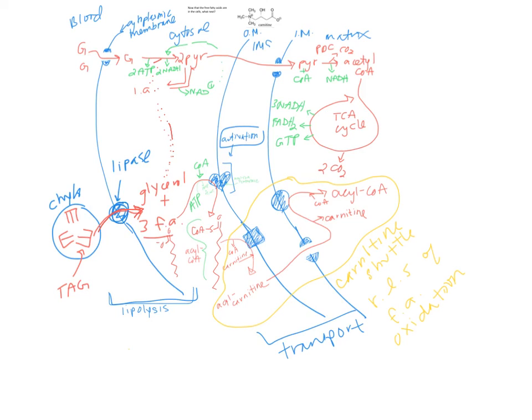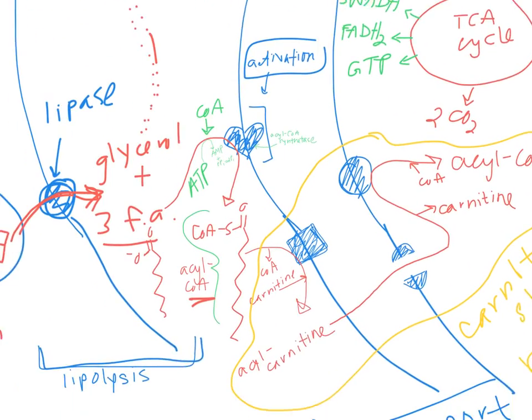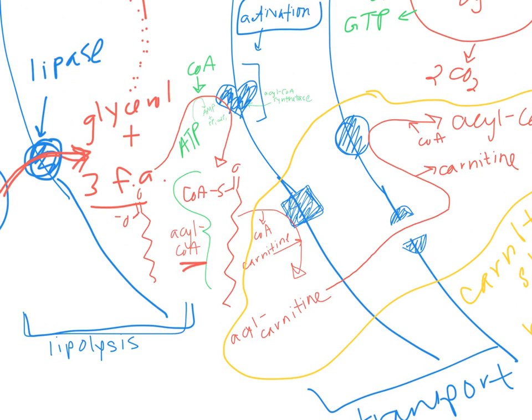The fatty acid has to then be activated. And it's activated by getting a CoA to become acyl-CoA. And in order to put the CoA on, ATP is broken down into AMP and pyrophosphate, and that enzyme is called acyl-CoA synthetase.